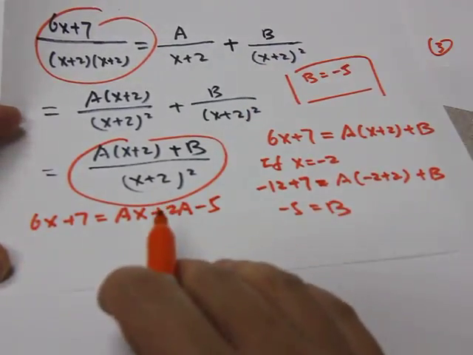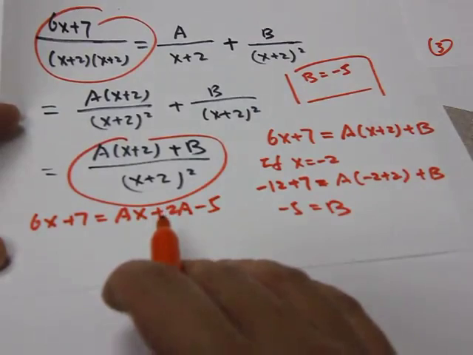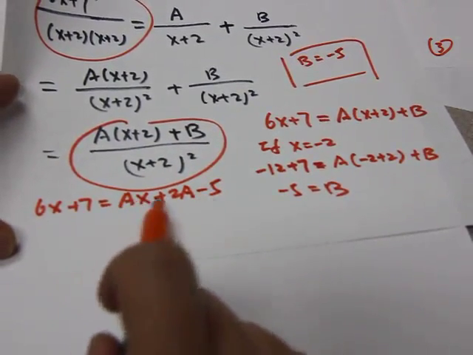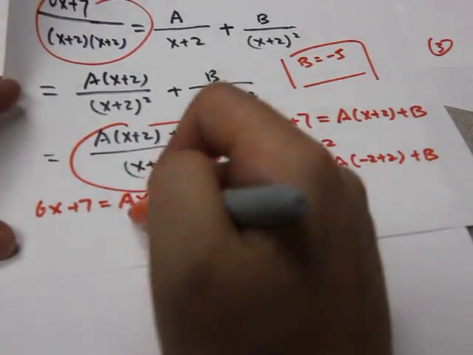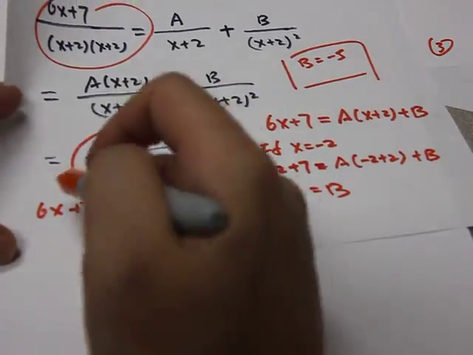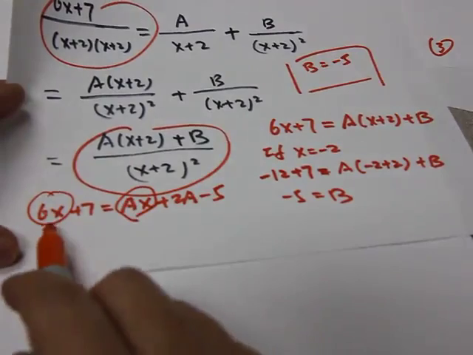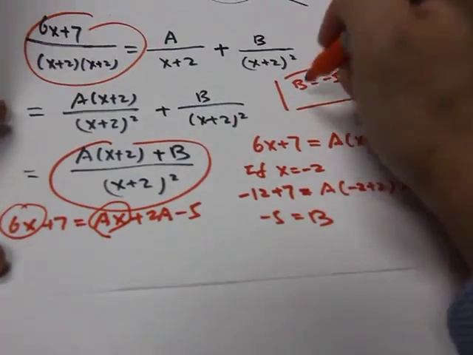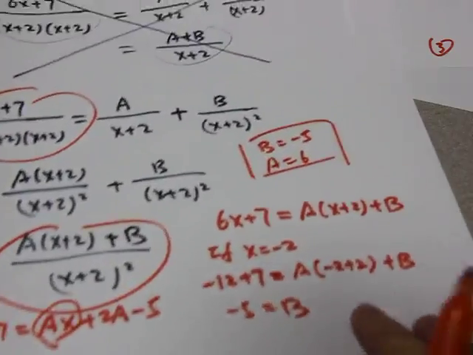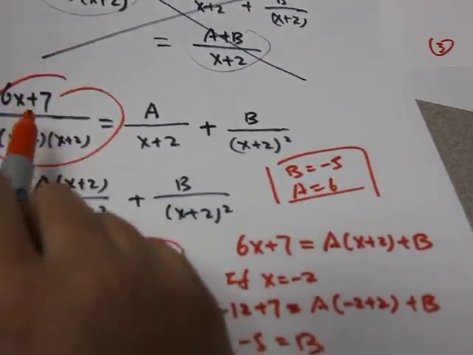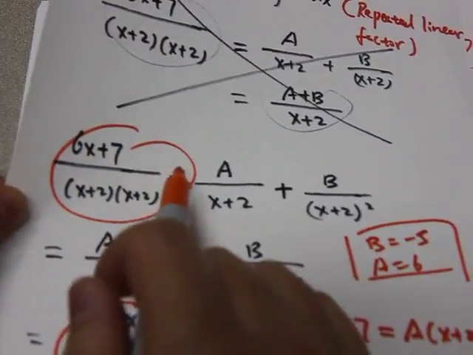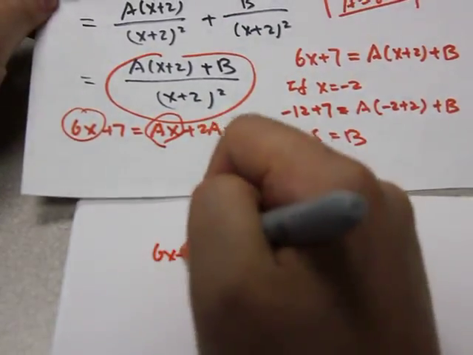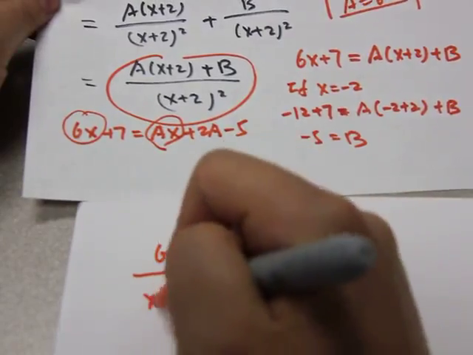Okay, so therefore, because on the right-hand side we have Ax, and on the left-hand side we have 6x, A must be equal to 6, right? So A equals 6.